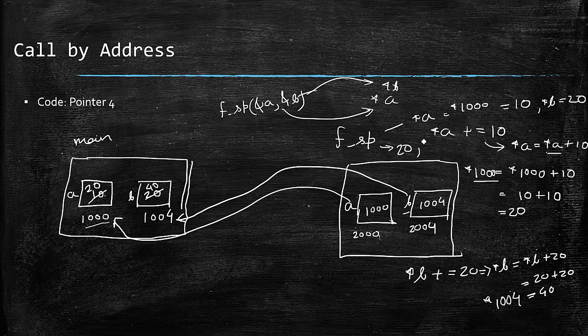Now let us take the case of the main function, when we are printing the initial values of A and B. A was 10 and B was 20. Then when we come back to the main function from the f_sp function and print the values of A and B, we have 20 in A and 40 in B. So you can see that by using the concept of pointers, we are able to make changes to the variables in the calling function.